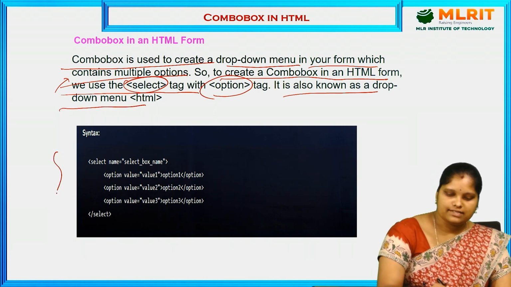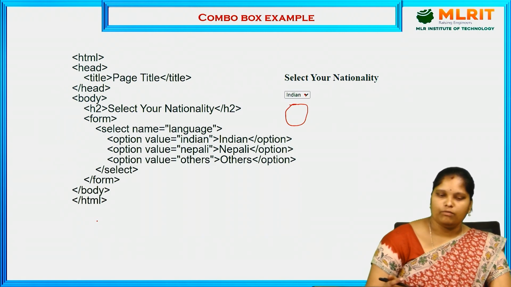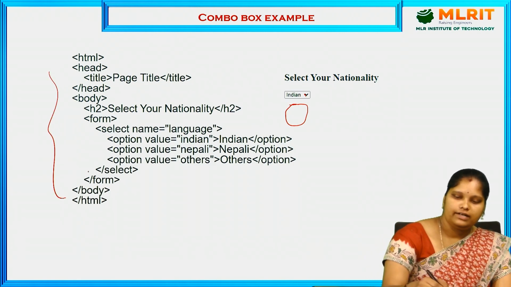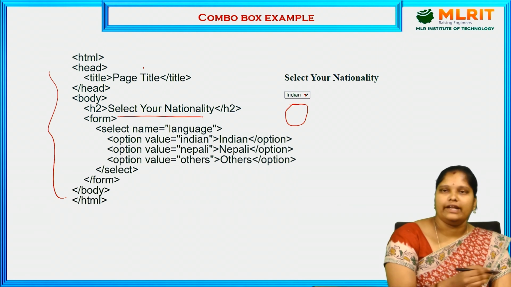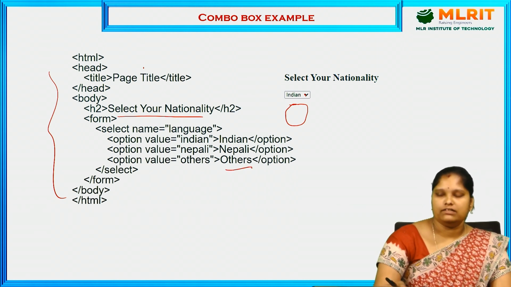Like this is the syntax: select name equals select box name, option values, value 1, value 2, value 3. Like this, we can create the combo box. This is the example. Title, select your nationality: Indian, Nepali, China, or others.